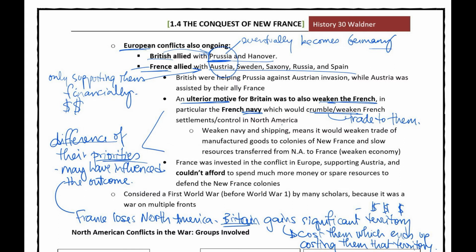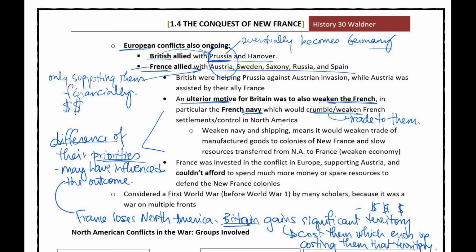And so in Europe, these are the European conflicts that were ongoing. Remember, we said it was a war on several continents? So Prussia and Austria were embattled against each other, which meant that their allies were also brought into that. The British were supporting Prussia and the French were supporting Austria.